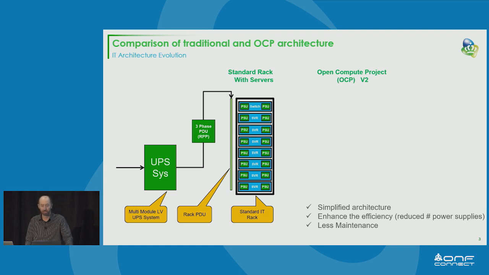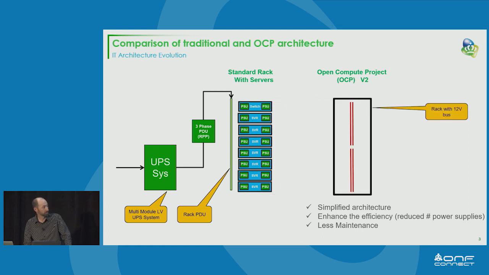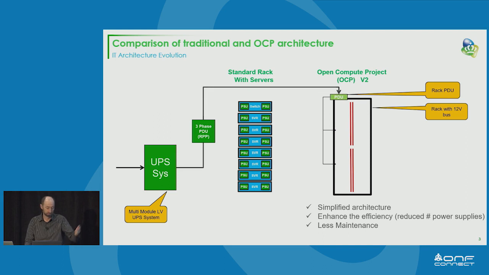So a traditional rack has servers in it, each of them having their own power supplies. One of the differences with the open compute rack is that it has a bus bar, which does the power for the rack. This is connected to the input, either 3-phase PDU or 48 volt in the telco world.